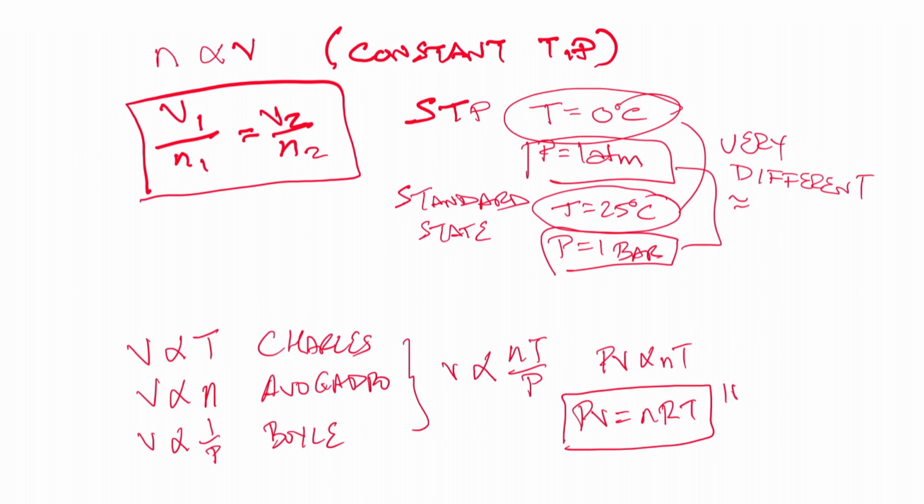This is called the ideal gas law, where R is called the universal gas constant. It makes the left-hand side equal to the right-hand side. This is a little bit of a preview of things to come, of where the ideal gas law comes from based on these empirical observations.